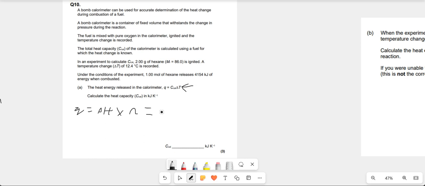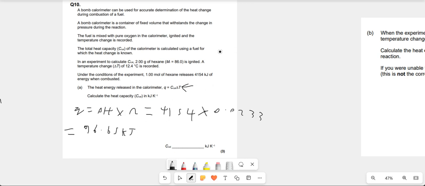The enthalpy here is 4154, times that by the moles, 0.0233, and that gives you 96.65 kilojoule.